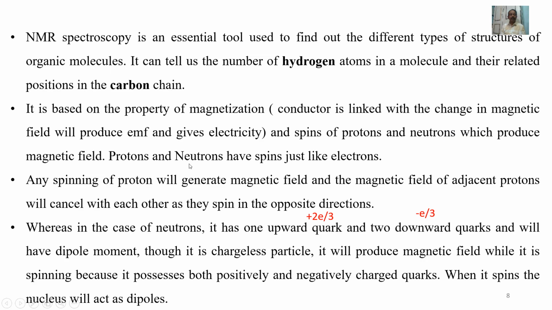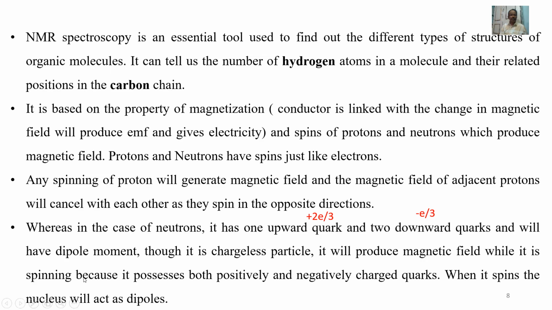Protons and neutrons have spins just like electrons. Any spinning proton will generate a magnetic field, and the magnetic fields of adjacent protons will cancel each other as they spin in the opposite direction. Whereas a neutron has one up quark, represented as plus 2e by 3, and two down quarks, each with charge minus e by 3, and will have a dipole moment.